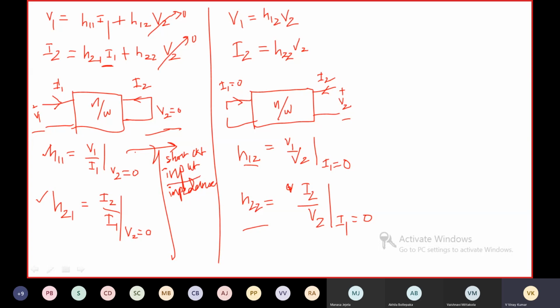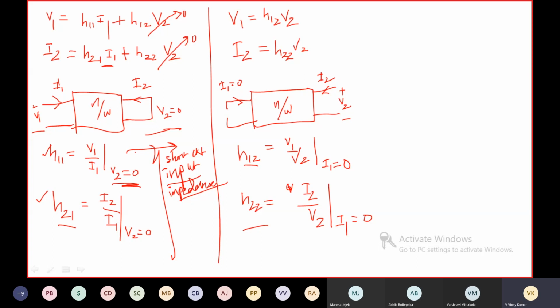Short circuit input impedance: the ratio of voltage to current means impedance, which we are finding at the input port. Since port 2 is short circuited, this H11 is called short circuit input impedance.